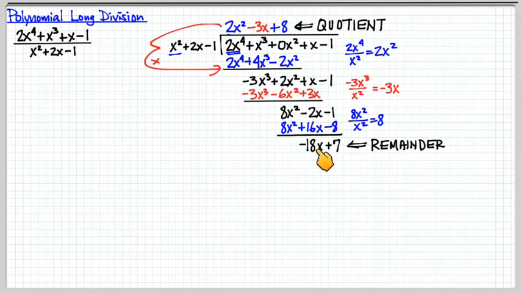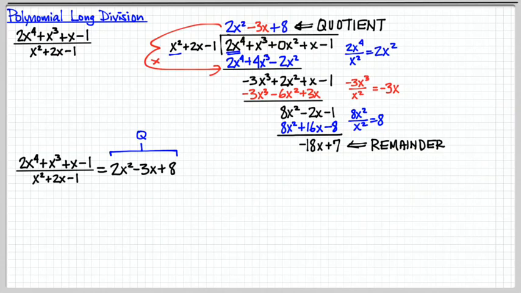Negative 18x divided by x squared, I can't do that, and so this is my remainder. I have my quotient on top and my remainder on bottom, and I could write out the long division as my quotient plus my remainder divided by my divisor. So, non-zero remainder, not a factor. This polynomial down here is not a factor of the top.